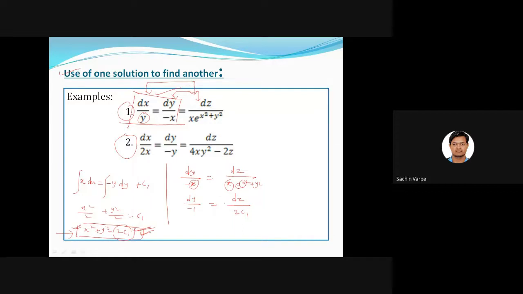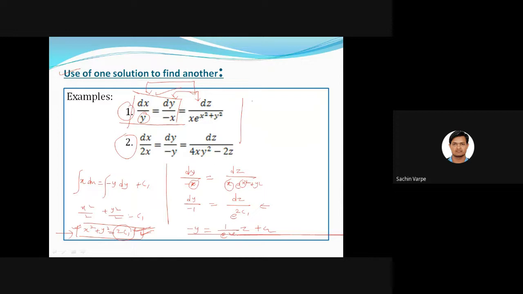Now this is in variable separable form, with e to the power 2c1 as a constant. So when I integrate both sides, as it is in variable separable form, what would be the integration? Minus y is equal to 1 upon e to the power 2c1 times z plus c2.